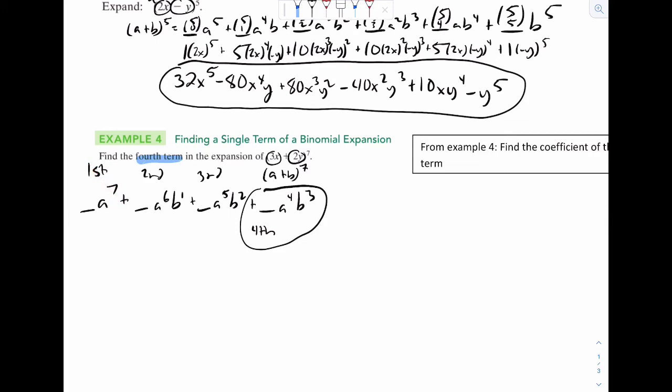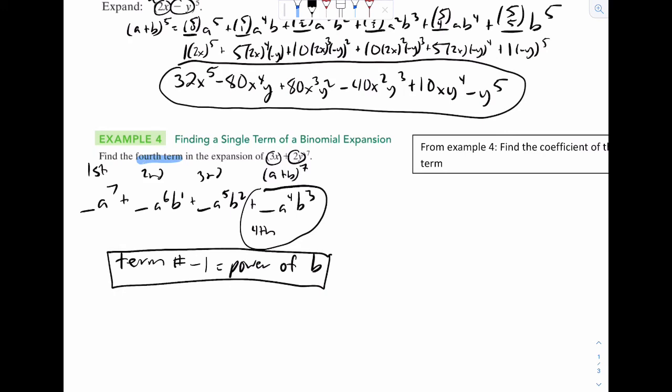What you want to do is focus on the b. This is b cubed, fourth term. B squared, third term. B the first, second term. No b's, first term. So we can see that term number minus 1 is equal to the power of b.